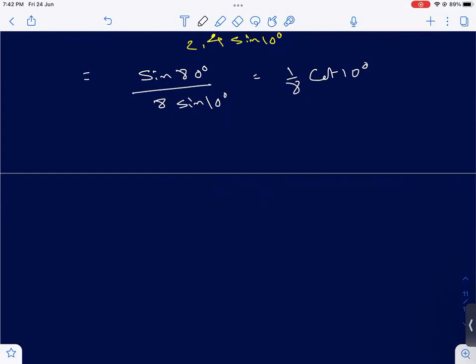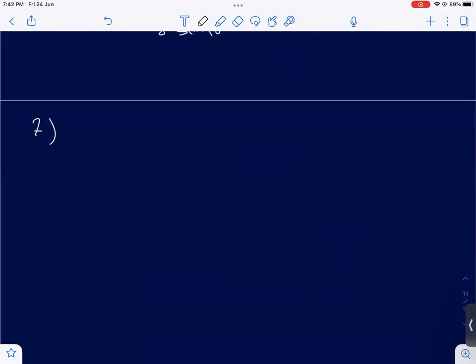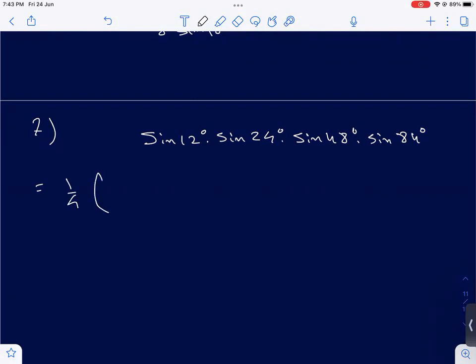Next is sin 12, sin 24, sin 48, sin 84. In this case, if we write pairwise, we are getting it this way. Pairwise, I am writing 2 sin ((c plus d) by 2) into sin ((d minus c) by 2), the cos c minus cos d formula.